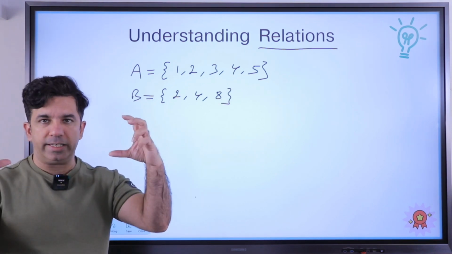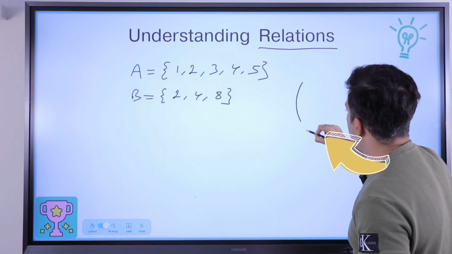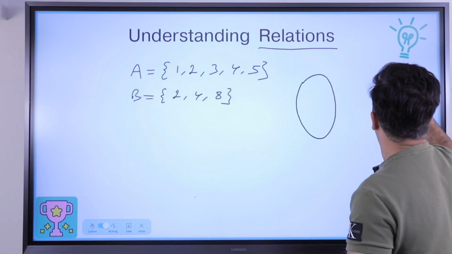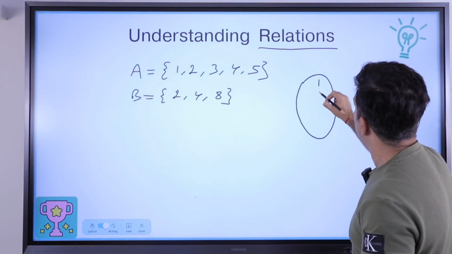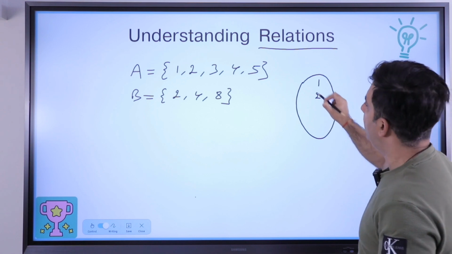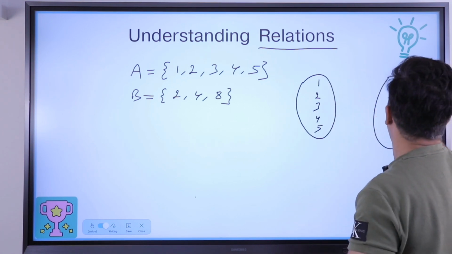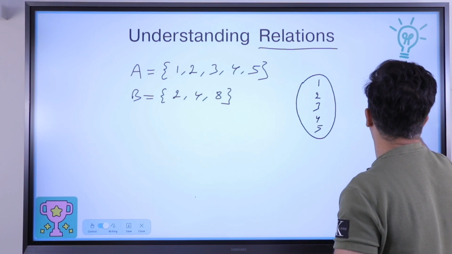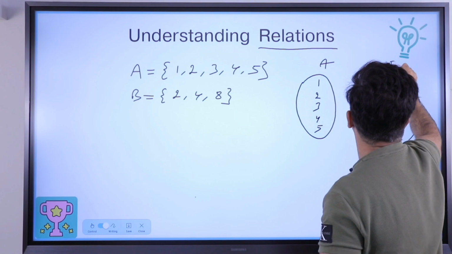Now these are two sets. Just view these two sets in this form also. I've created these two oval shaped structures where I'm filling in this data. This is the set A, which has elements 1, 2, 3, 4, 5, and this is the set B, which has these three elements 2, 4 and 8.